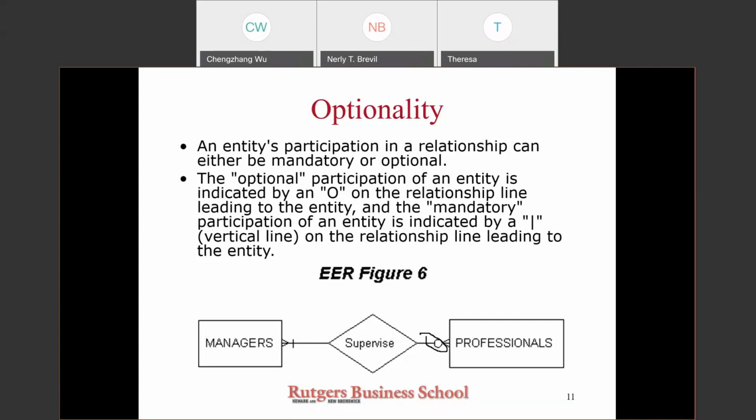And mandatory participation is indicated by a bar or a vertical line on the relationship line leading to that entity. As you can see, this vertical line on this slide.